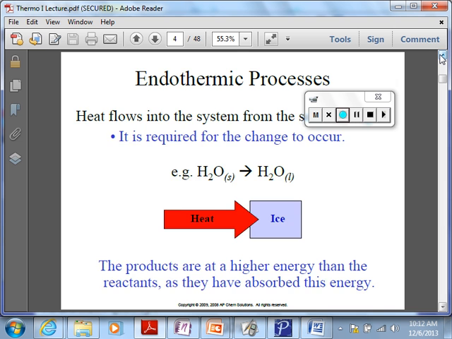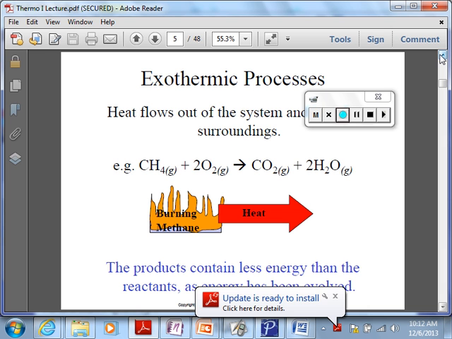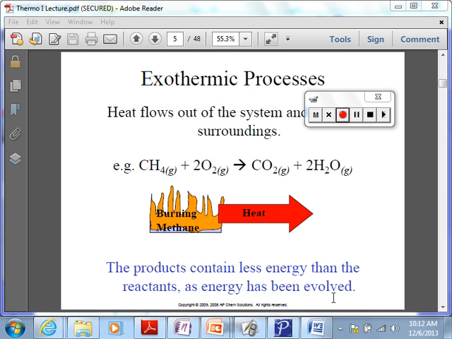All right, exothermic is a reaction in which heat flows out of the system. So, for example, here you've got the burning of methane. So methane and oxygen, carbon dioxide and water, those are your system, but then your surroundings will be everything else. So when we burn something, we're the surroundings, so we feel the heat. So it's giving off heat to us, the surroundings. So this is an example of an exothermic, and delta H will be negative.